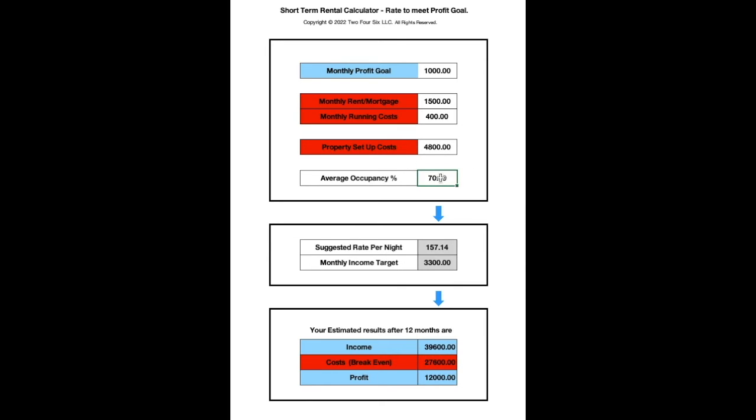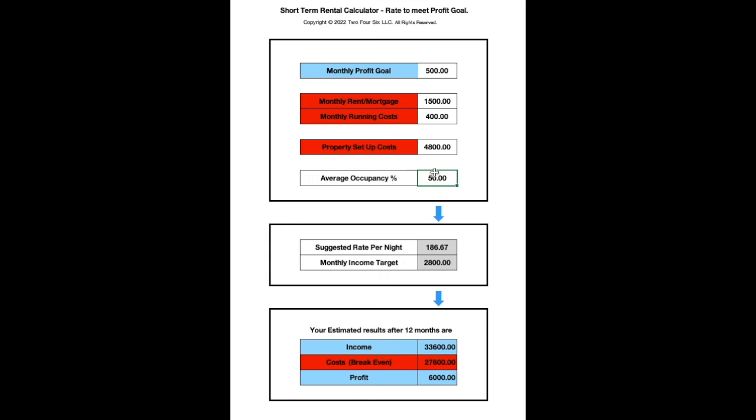If we change the occupancy to 50%, we can see that we now need to charge $220 as a rate per night in order to hit our $12,000 profit at the end of the year. Let's just change our profit goal to say $500 a month, make things a little bit different. The expenses stay the same.